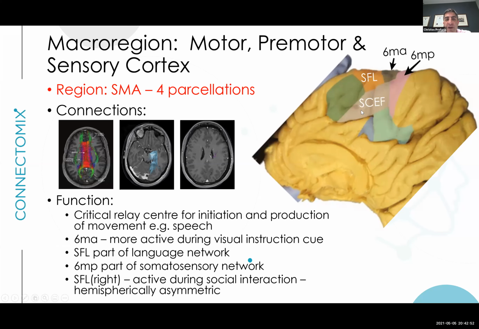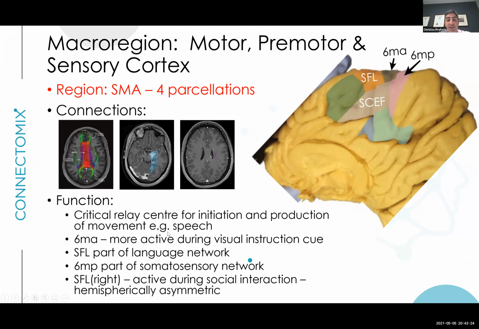The SMA, as we all know, is a critical relay center for the initiation and the actual production of movements, i.e. speech. That's why people talk about SMA syndrome, when people become mute and develop contralateral hemiplegia. You can actually understand this from the tracts. If you have contralateral hemiplegia, you're using the corticospinal tract. And if you're mute, it's because you're not using that FAT to connect to Broca's area and initiate speech.